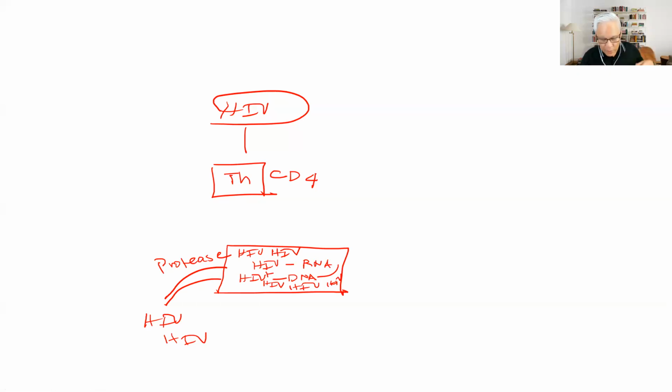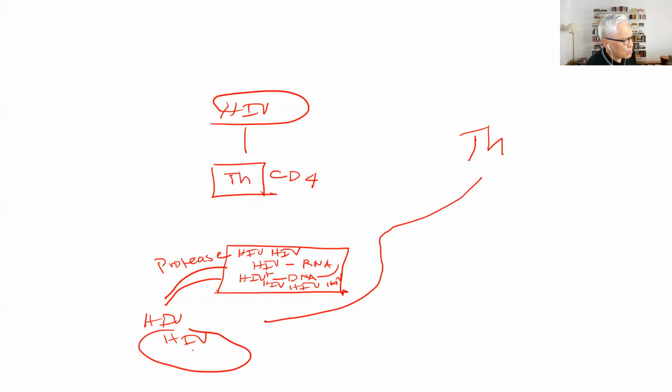So later on, we will find out that normal Th cells are going to detect this, and they say, well, these are HIV viruses, but it looks like me. And that's why it does not kill it eventually. It does not ask for help. But some of the Th cells are going to recognize this and say, HIV is in there.